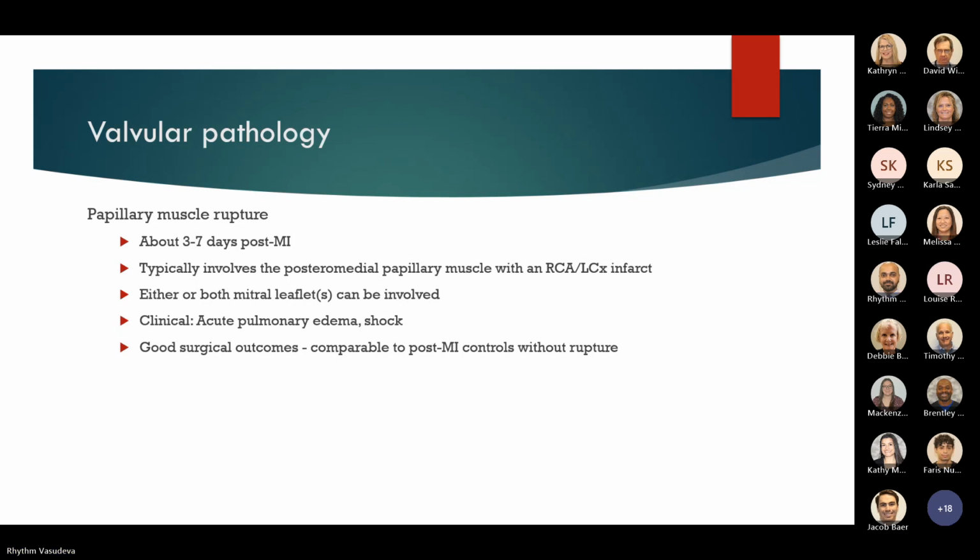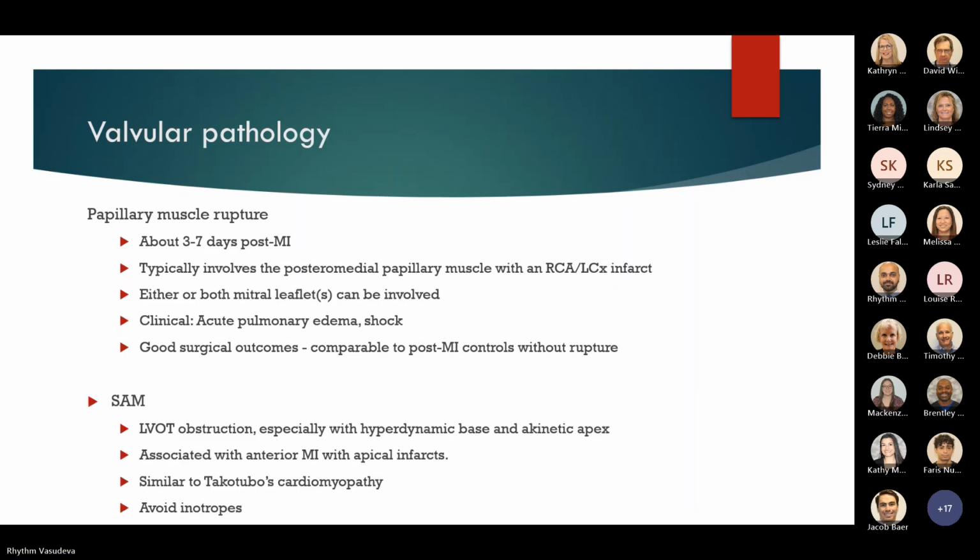But sometimes it's very unpredictable. And the repair of a papillary muscle gives incredible results, right? So it's very comparable to a patient who just had an MI, which was fixed without any complications. So once you see a pap muscle rupture, you want to get your surgeons on and get this repaired ASAP.